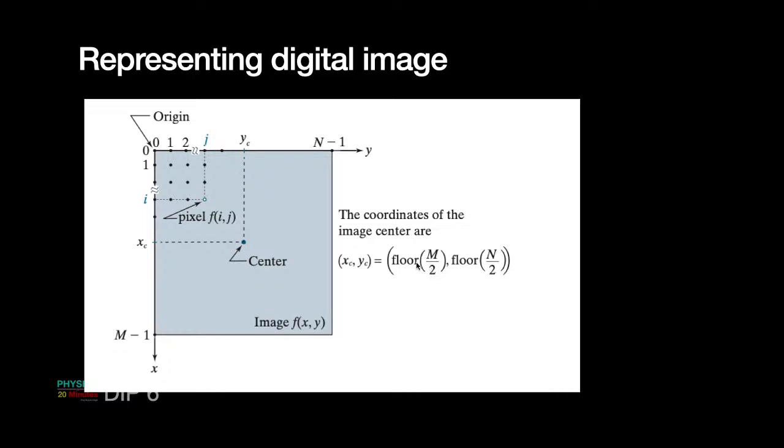Then you floor it. That means you take the lowest of the decimals. So if it is 3.5, for example, then you take 3. So that becomes your center. If it's an even number, then the calculation would yield a round figure, no decimal number, and then that would remain as the center.